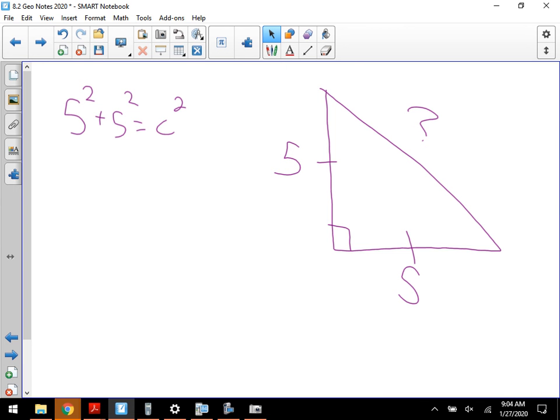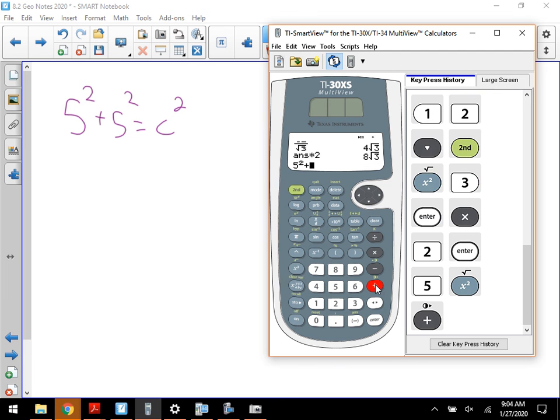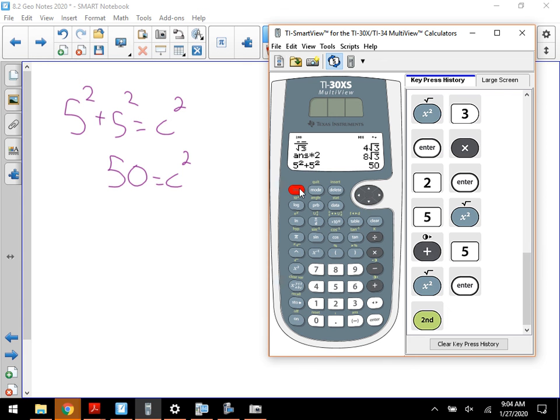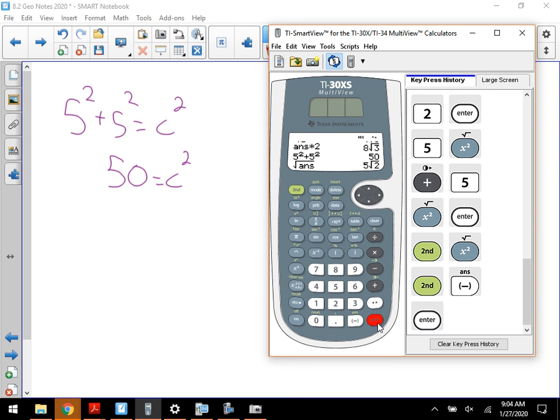Are we with me on that one? All right. Go to the calculator. You get 50, good. Now what do you do to undo the squaring again? Square root it. So again, use the calculator, square root of the answer, and I get 5 root 2.